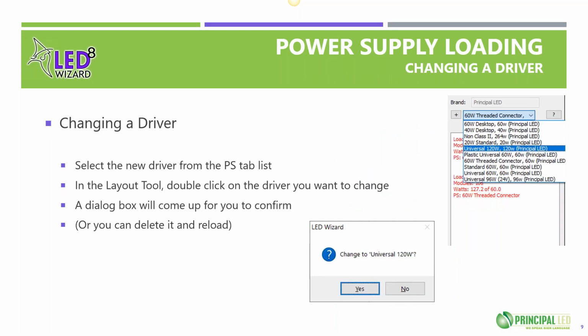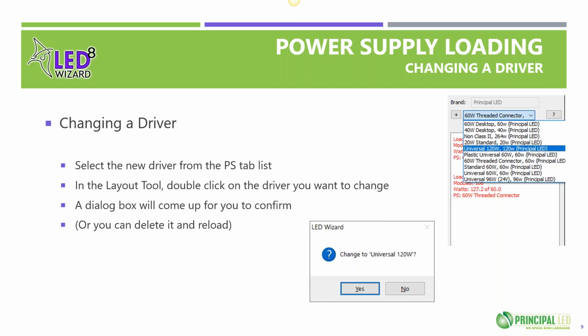The next topic, changing a driver, and we made this easier in the current version. So let's say that you do a layout and you don't like the driver that you selected, it's overloaded or underloaded, and you want to change it. It's easy to do that.